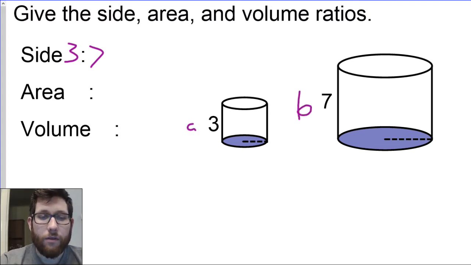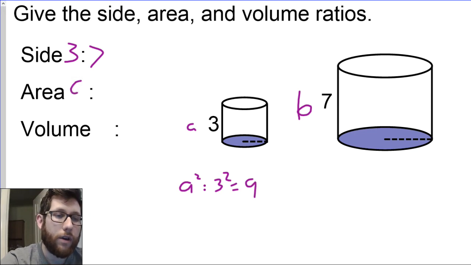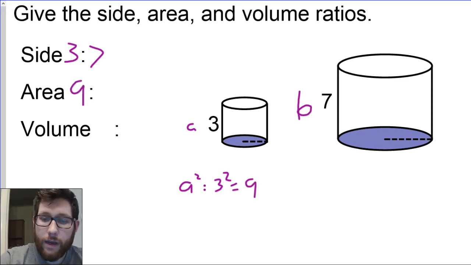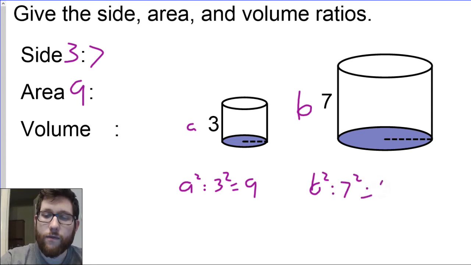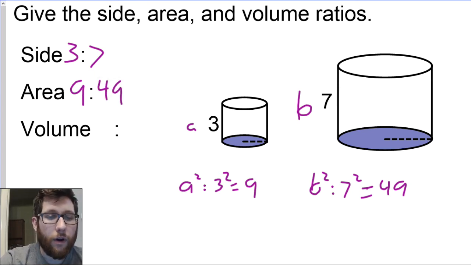Now my area ratio is A squared. So A squared is 3 squared, or 9. So my area ratio here is 9, and my B squared is equal to 7 squared, which is 49. Okay, so my area ratio is 9 to 49. My volume is going to be cubed, right? A cubed to B cubed.